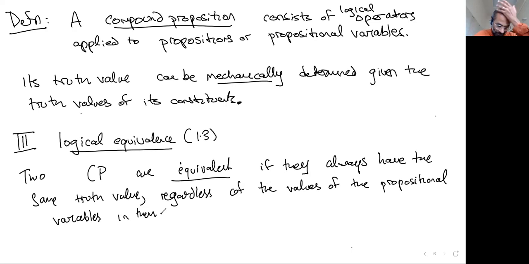So one example of an equivalence is the compound proposition P implies Q is equivalent to the proposition not P or Q. This notation means equivalent to.